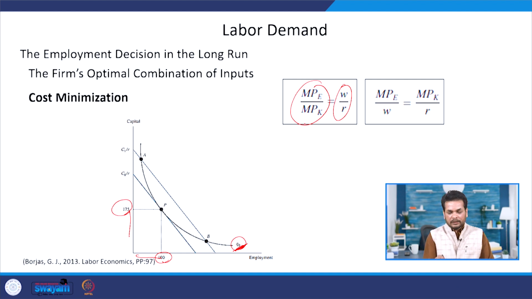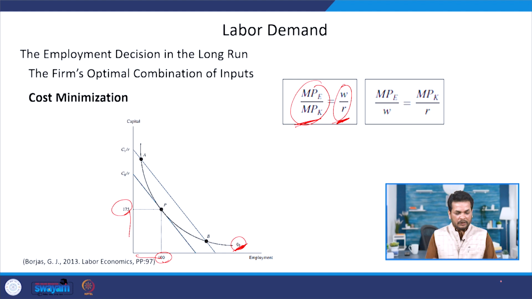If you look here, MPL by MPK on this side is talking about the revenue that the farm is going to get, and W by R is the per unit cost the farm is going to have. So, when the per unit revenue equals the per unit cost, that is the point where the farm maximizes its profit.